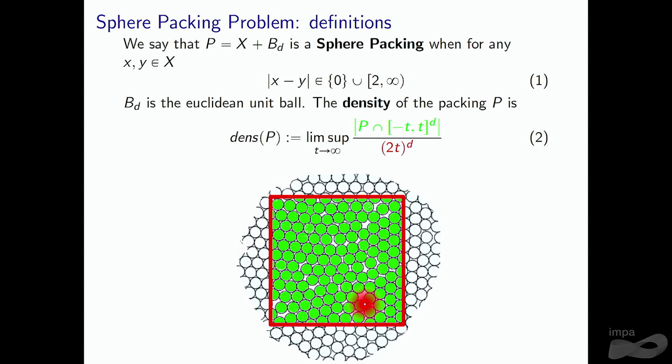You compute the volume of this intersection, that is the d-dimensional Lebesgue measure, and you divide by the total volume of this d-dimensional hypercube. You compute the ratio, you send t to infinity, taking the lim sup, and this gives you a number which is by definition the density of your packing. And the sphere packing problem asks for the supremum of these densities over all sphere packings that you can consider in this dimension.